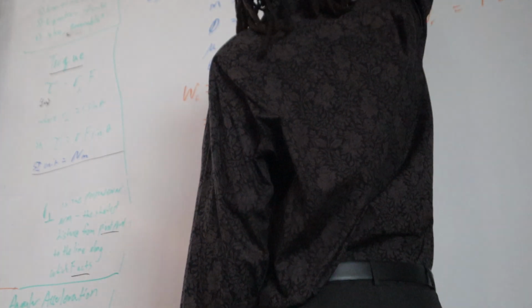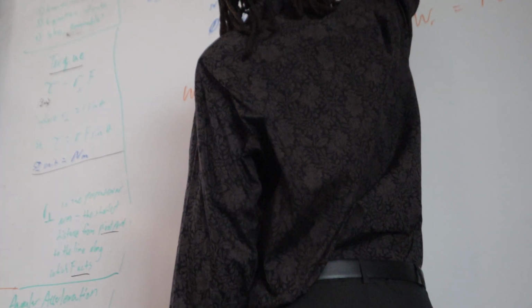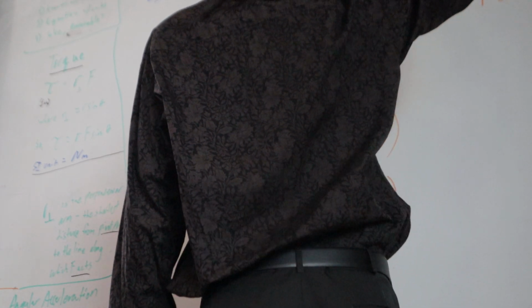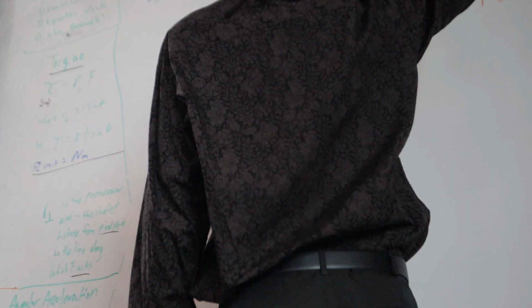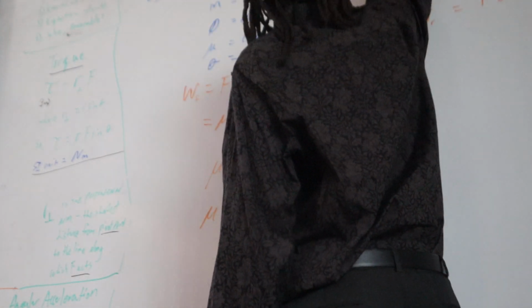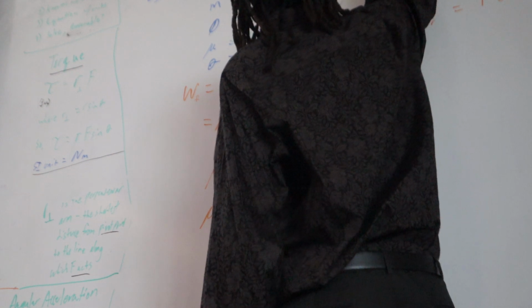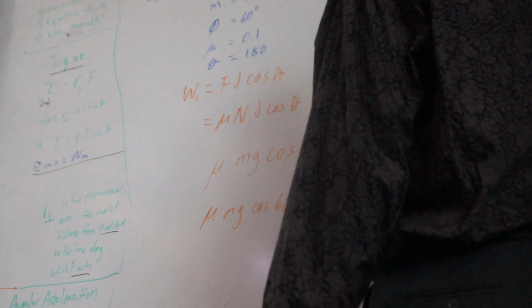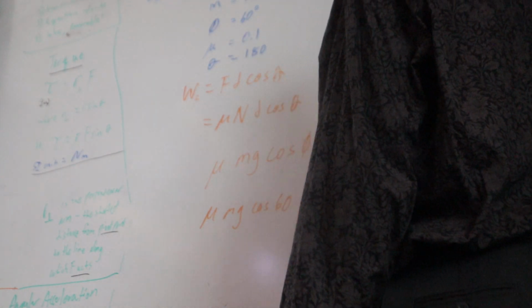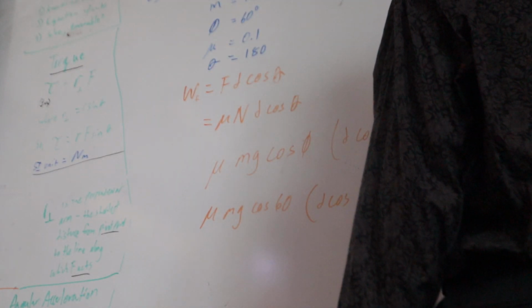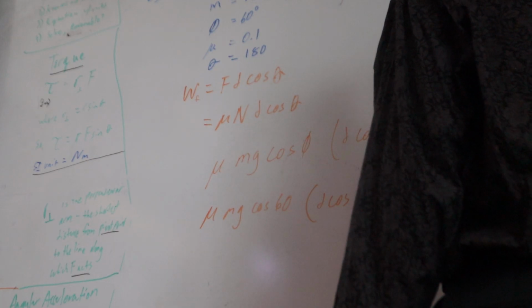Oh, maybe that's why. Yeah, so that's why, because it's the y. So this is going to be tension force as well. So tension plus friction equals mg sine theta.